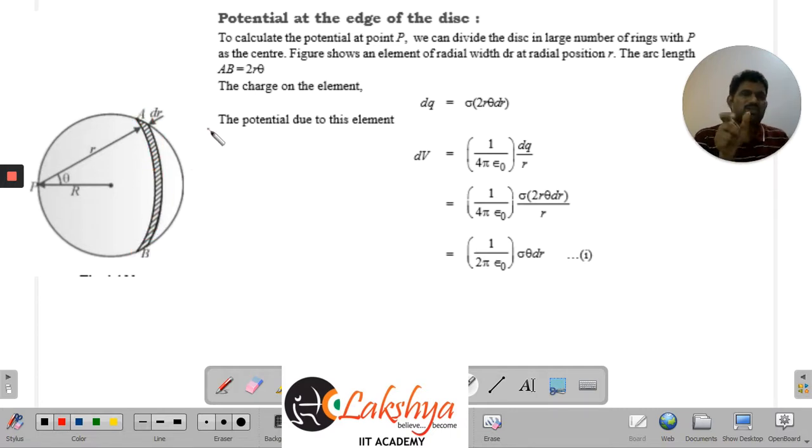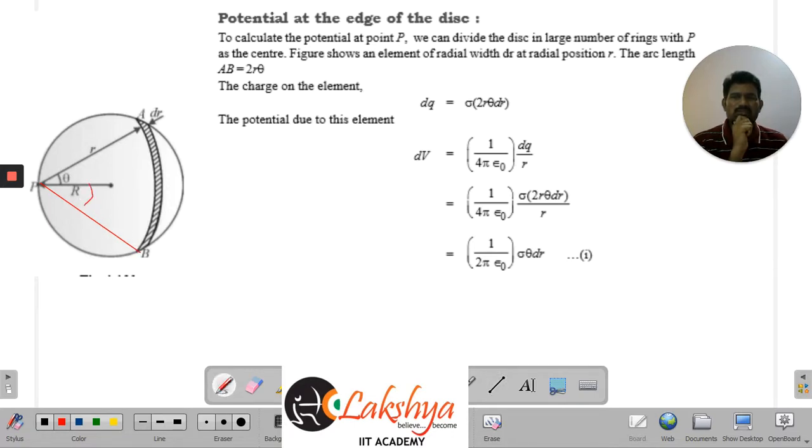Previously, for the circular ring element in the disk, we mentioned 2 pi r into dr, like length into thickness of that element. Similarly here, we need to write the length of this arc. This angle is theta. If I draw another line from point P to B, then this angle will also be theta.